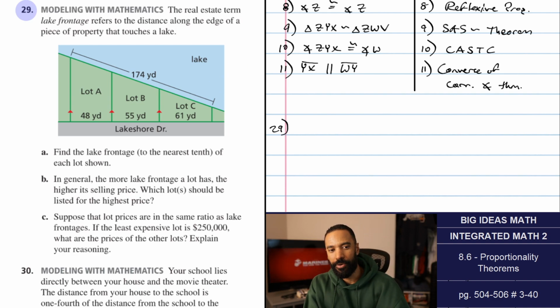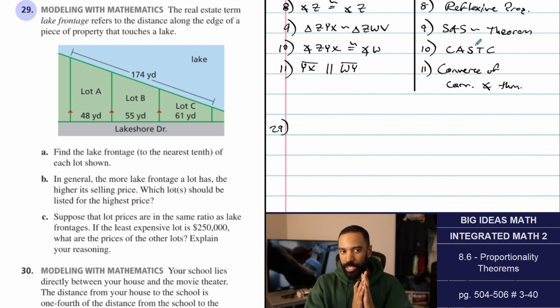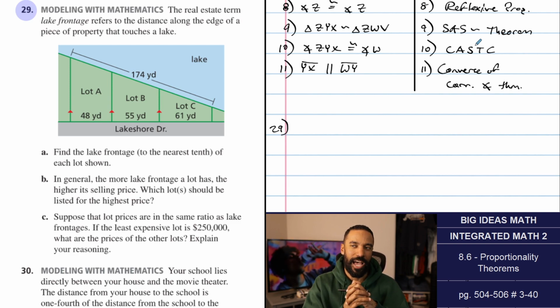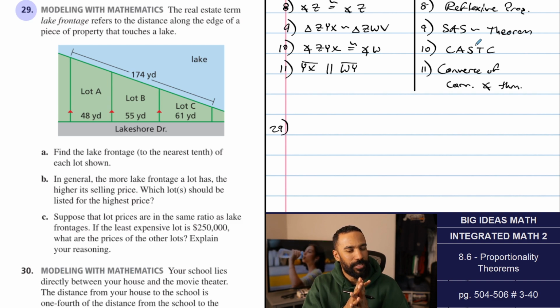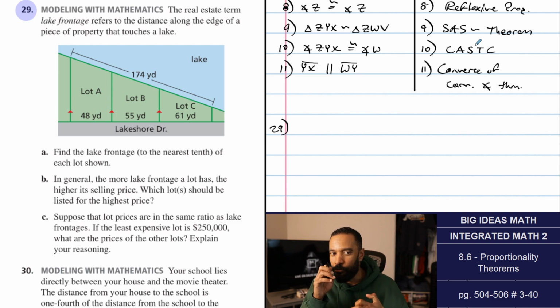So the whole thing's 174 yards, and it's split up into components. This probably works along the lines of what we did with the graphs in a way, because you want to figure out how far along 48 is in this set.